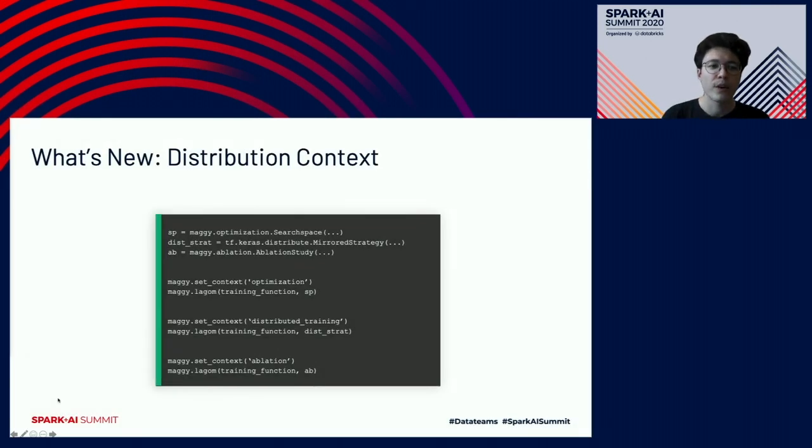And so if we look at the API, really what we want to have is this training function, and this training function is just a pure Python training function without any further modification. And we just launch it, and the training function is going to be launched through a Python library through Maggy in the different contexts without doing any further modifications.